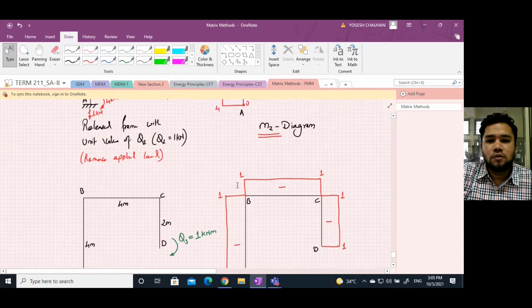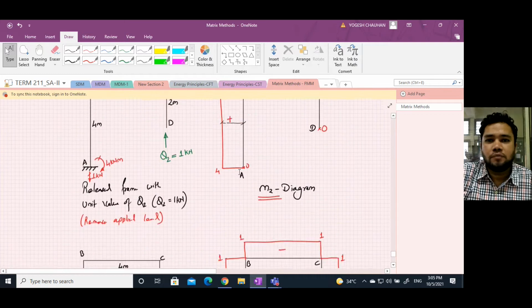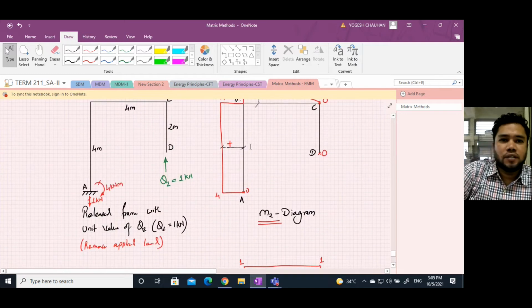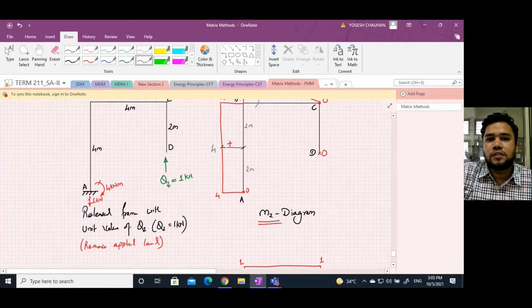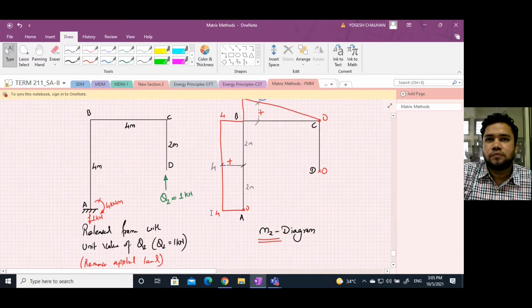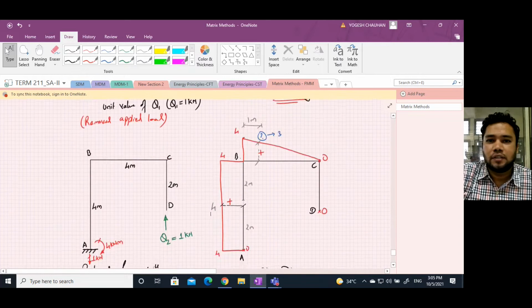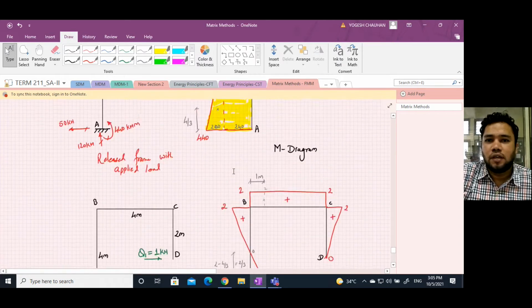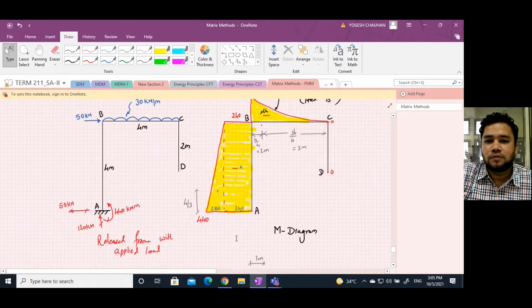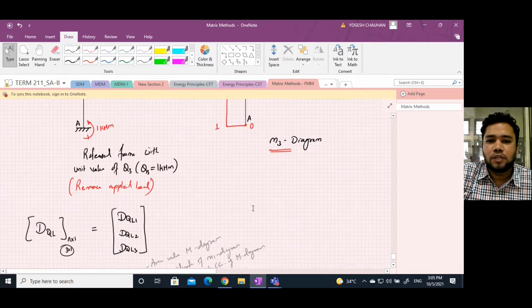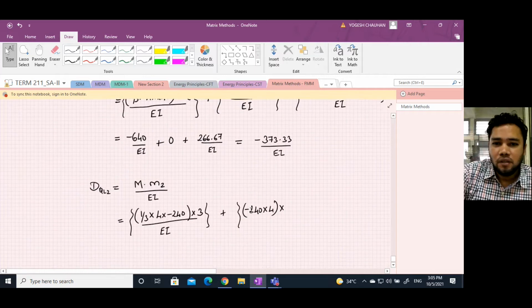So in M2 diagram, the corresponding ordinate at 2 meter will be 4, because this is constant 4 throughout. So multiplied with 4. Now again you check the sign. This is plus 4 and this is minus 240. So this will be minus 240 into 4 multiplied by plus 4.